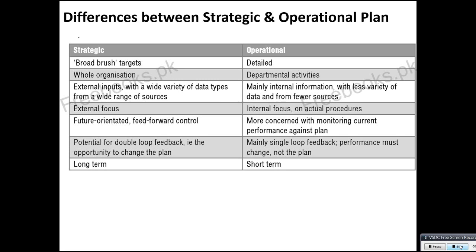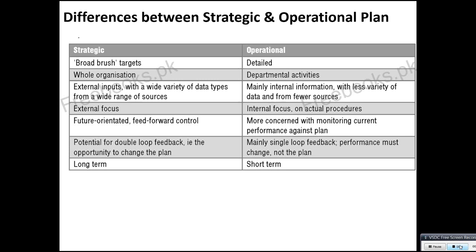Operational is the details of everything, like the purchasing example I've shared with you. Strategy takes the overall view of the whole organization, but operational planning is part of each department separately.